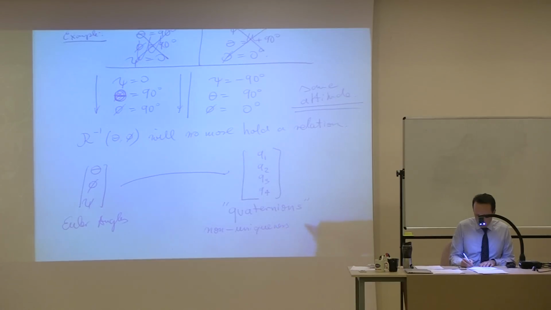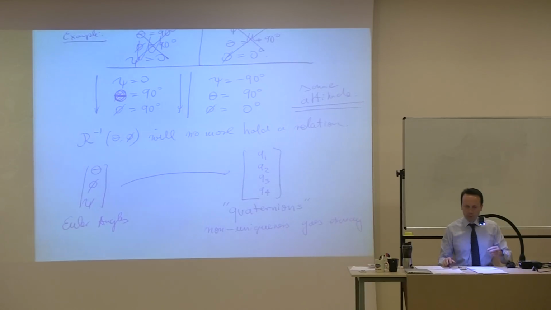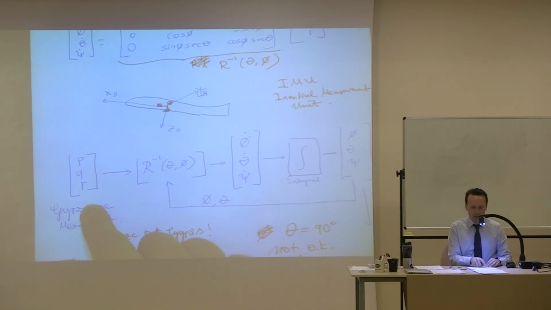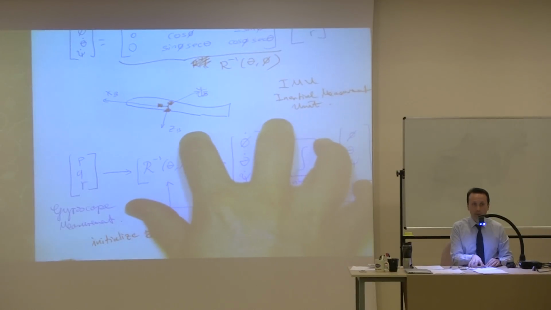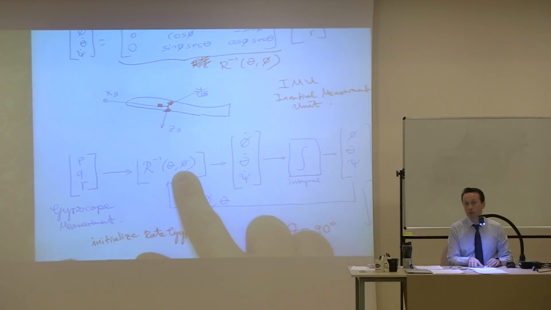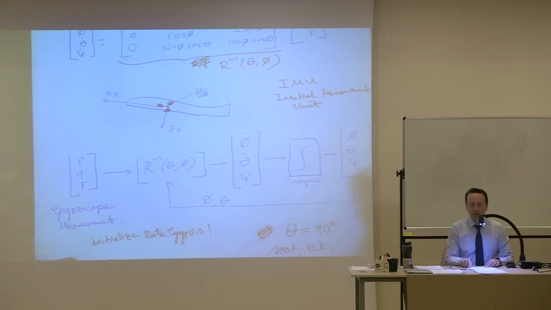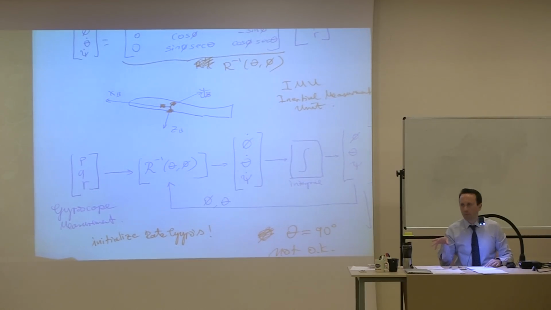Uniqueness goes away. So basically, for all your measurements that you have seen here, you will still measure P, Q, and R, but all this stuff that you see will be done in the world of quaternions so that this thing never goes to infinity. But at the end, you will get quaternions, and you can transform it back into the Euler angles. Okay?